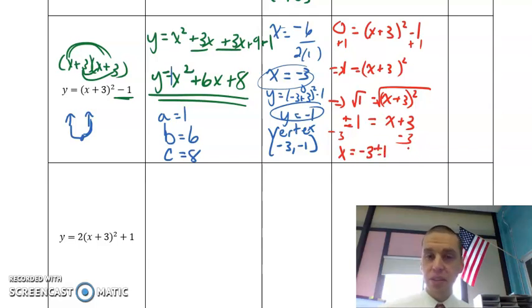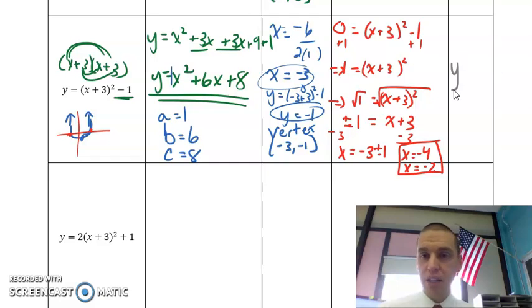Because these are nice numbers, I now write it as negative 3 minus 1 is negative 4, and negative 3 plus 1 is negative 2. There are our two x-intercepts. You'll notice here that the x-intercepts are negative 4 and negative 2, so the vertex at negative 3 must be right in the center of those due to symmetry.